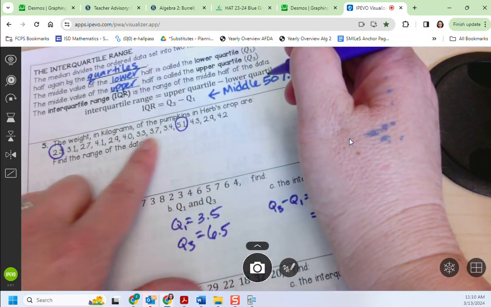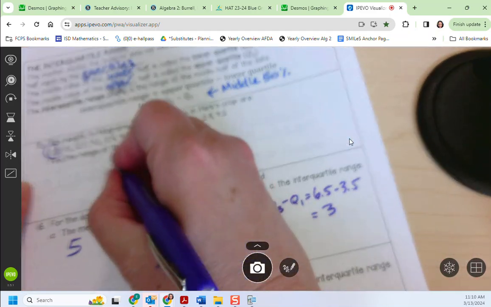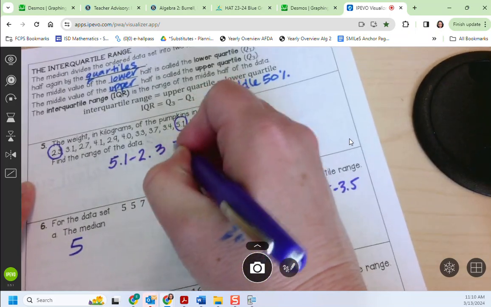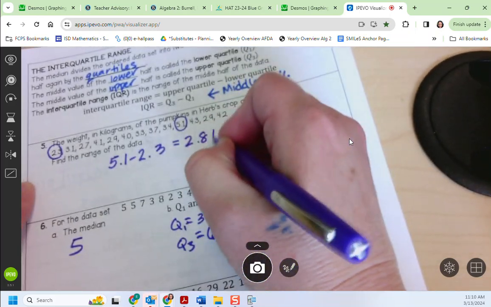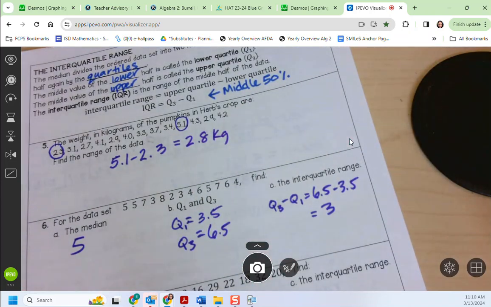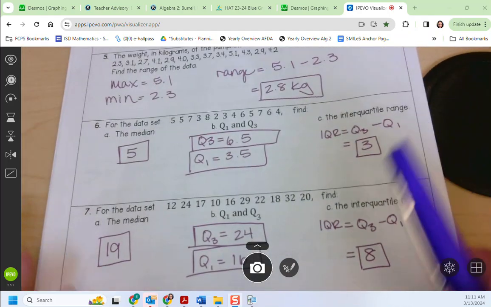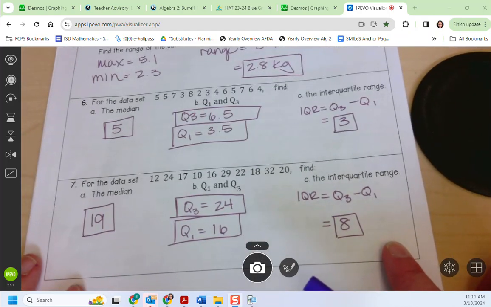So it's probably going to be quicker to just subtract them than to enter that in the calculator. All right, go ahead and do number 7. I'll leave this up. Feel free to work at your own pace, but this is what you should get, doing the same steps that we did for number 6.